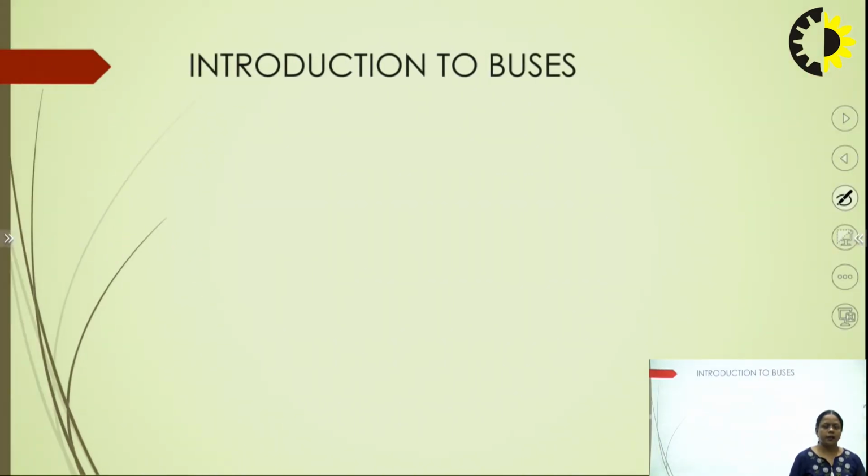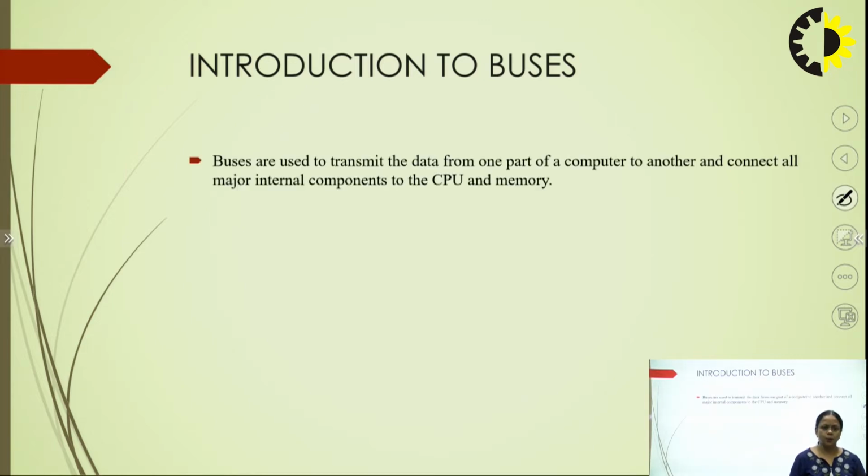Introduction to buses. Firstly, we have to understand the meaning of buses. Buses are used to transmit data from one part of the computer to another part of the computer, and these buses connect to each and every component of the computer.